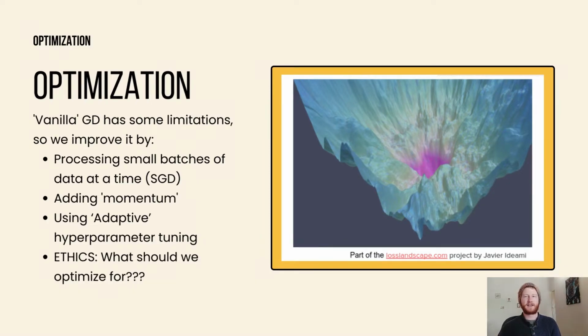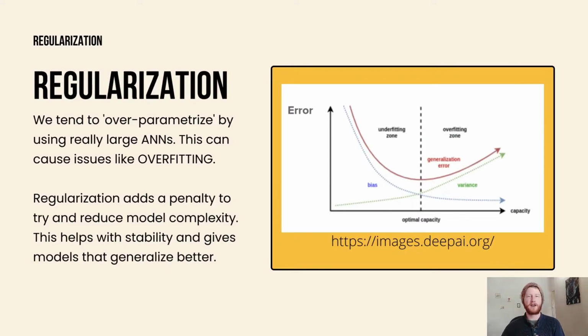Another useful technique that helps with the practical side of training these deep models is something called regularization. We tend to use a lot of parameters with deep learning, way more than we might expect we need. And the idea here is that we will then reduce down the network's complexity somehow so that we get this balance, right? This optimal capacity in the diagram here, where you have a network that's learned what it needs, but it hasn't just memorized all of the training data.